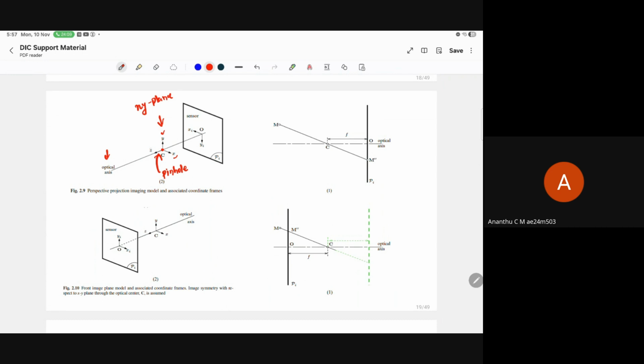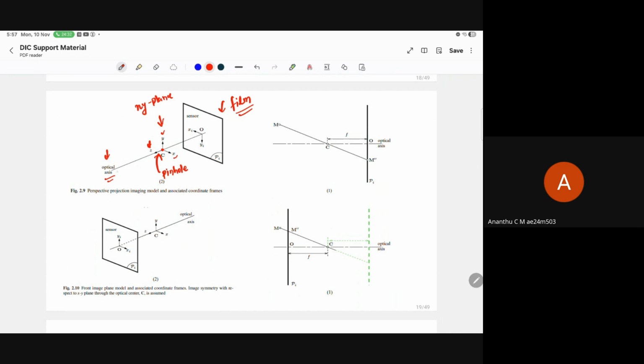This axis perpendicular to the plane of placement of the camera is the optical axis, right? The other definition of the optical axis is that it is perpendicular to the film. So this is the film of the camera, like I mentioned, at the back side.